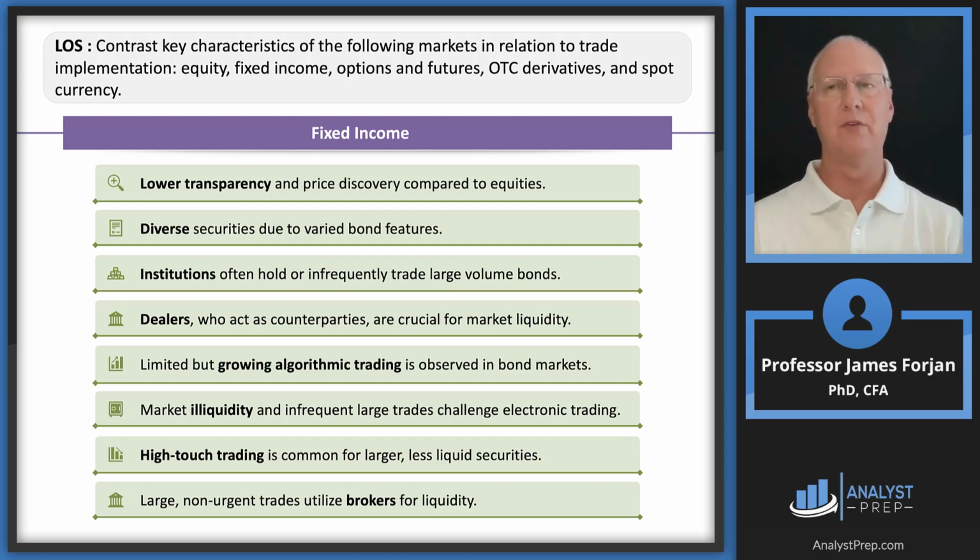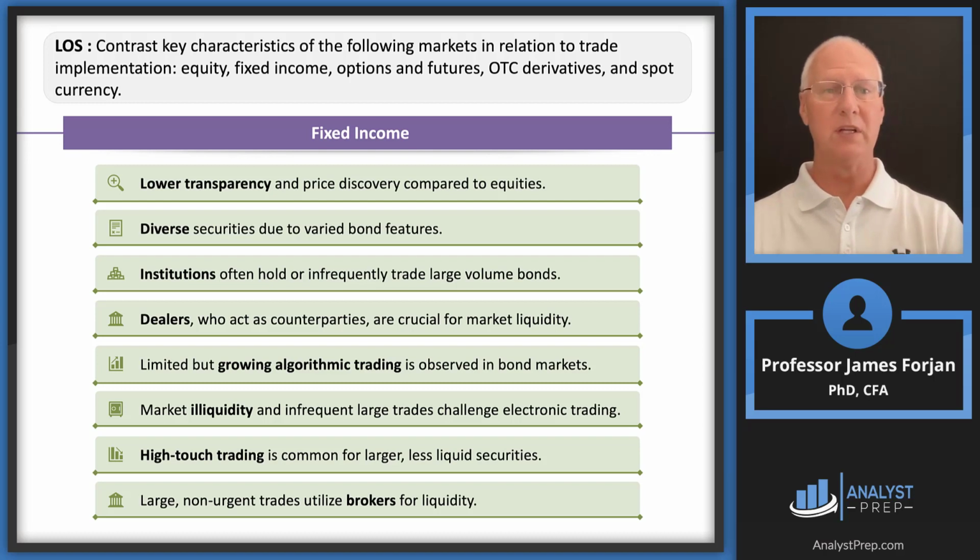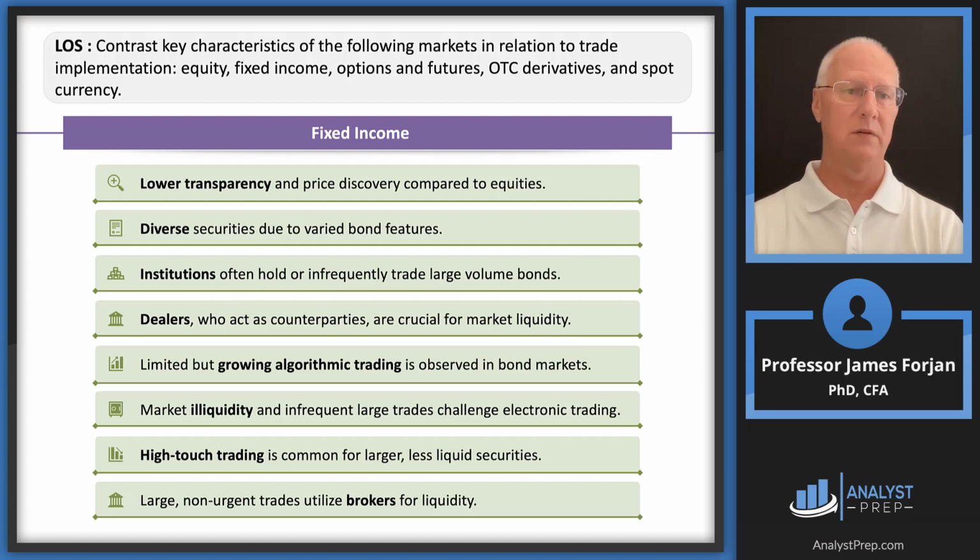Think about mutual funds, think about hedge funds, think about college endowments. They often hold their securities to maturity, or they trade them infrequently, which leads to that less liquidity and the lower transparency.